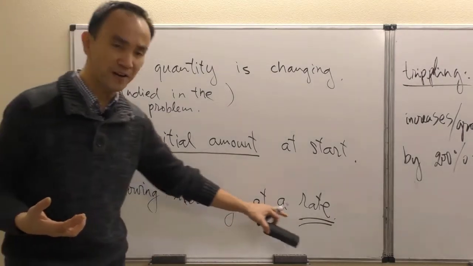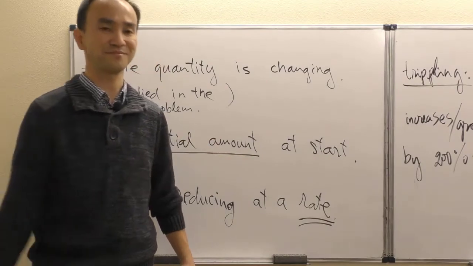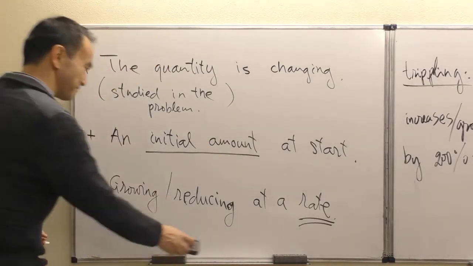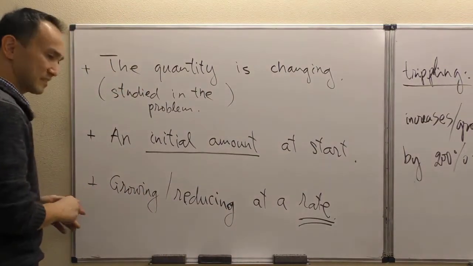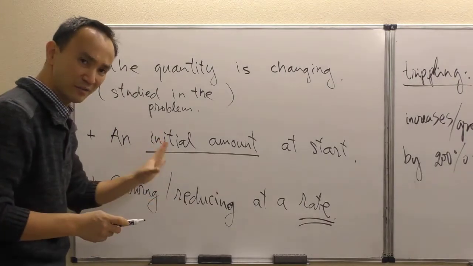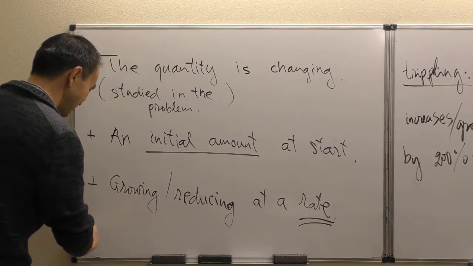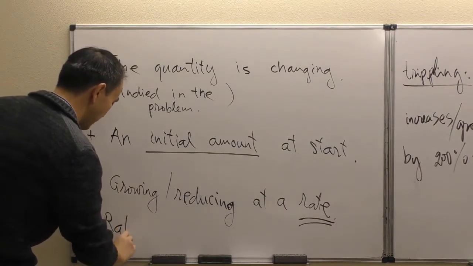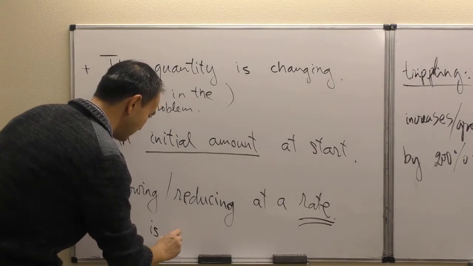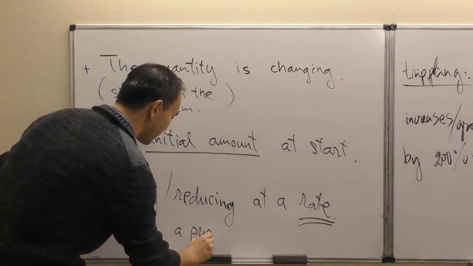There has to follow a certain rate, a certain rate of the preceding time period. Now let me bring in the common thing that we recognize throughout these 5 problems. The rate is simply a proportion.